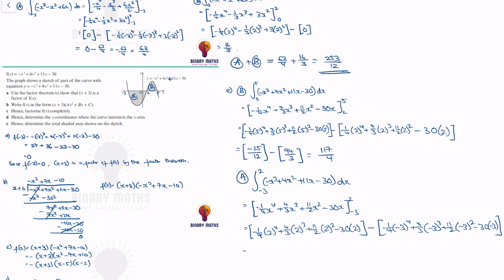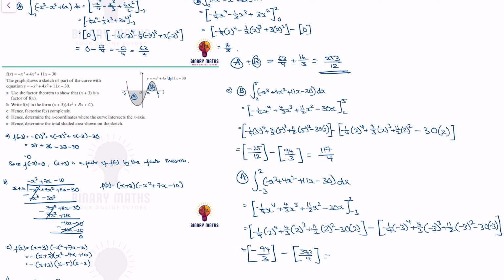When we put this into a calculator, the first bracket gives us minus 94 over 3, subtracted from the second bracket, which gives us 333 over 4.